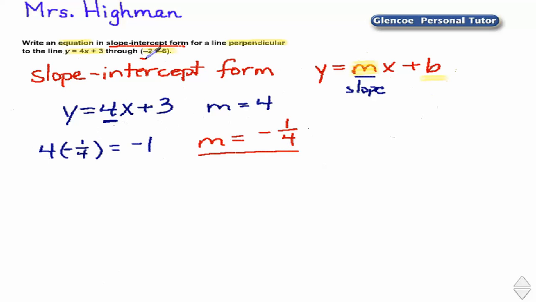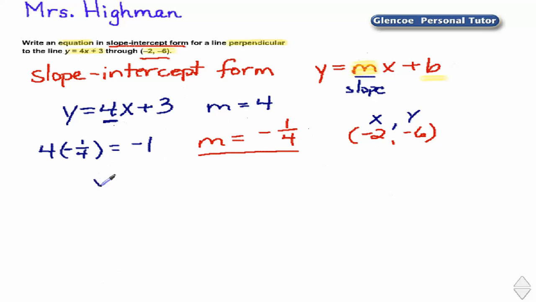So now we have the slope. We also have a point that it's going to go through, which is (-2, -6). What we don't know is the y-intercept, or the b. So what we have is m, the slope, a value for x, which is -2, and a value for y, which is -6.